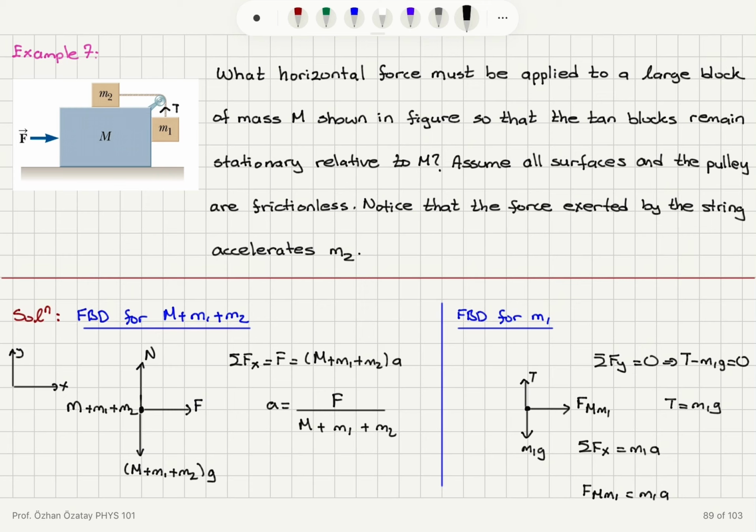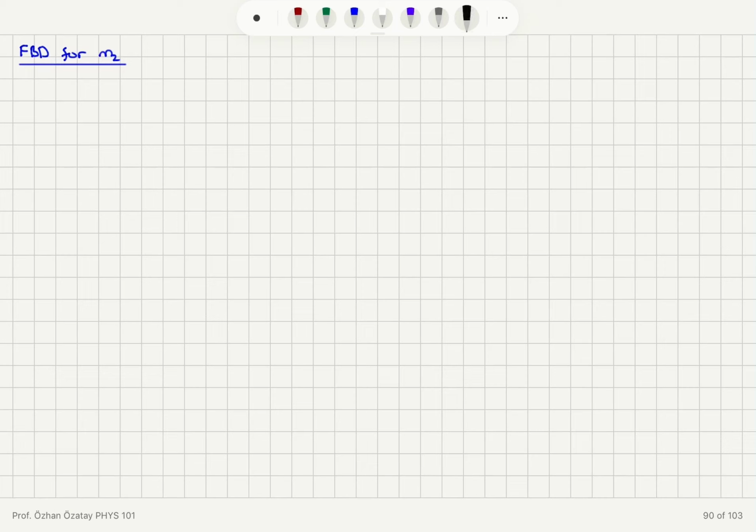Now, when I go to the free body diagram for M2, I'm going to talk about the tension it feels. So assuming a lightweight string, again, it's the same tension here. There is the normal force and there is the weight. So three forces will be drawn for the free body diagram. So we have the weight M2G.